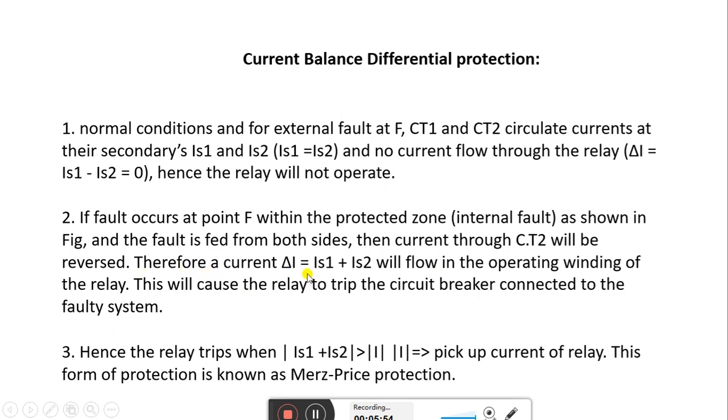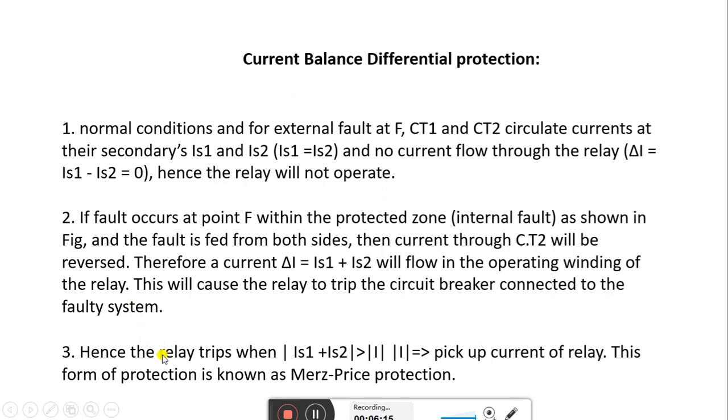Therefore, a current delta I, equal to IS1 plus IS2, will flow in the operating winding of the relay, and this will cause the relay to trip the circuit breaker connected to the faulty system.